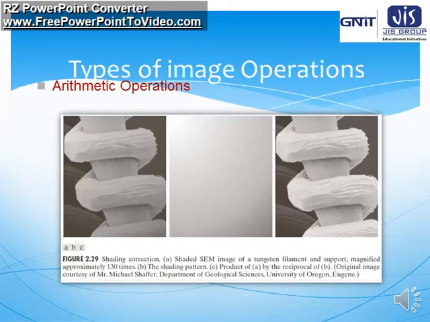The corresponding shading pattern is given in image B. Now if we take the product of A by the reciprocal of B, we get the corresponding result in C. So the C image is nothing but the product of A by the reciprocal of B. We can see the quality of the last image is good and has been enhanced.